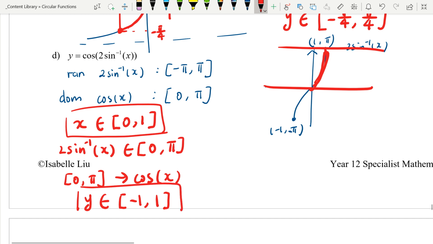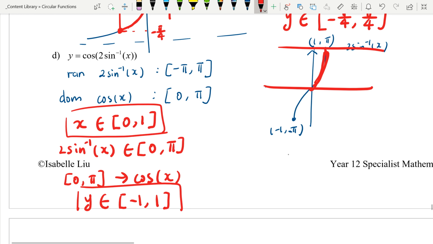Yes? Which one? This one? Yeah, so first of all, I think the function for this is the inverse. And then the range of this inverse function is -pi to pi, right? I times the 2.